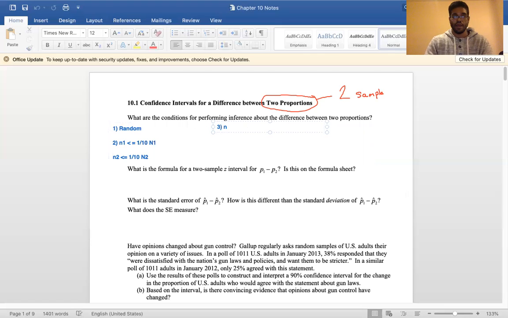you need to check n1 times p hat 1 is greater than 10, and n1 times 1 minus p hat 1. Let me write these out instead of using the keyboard.